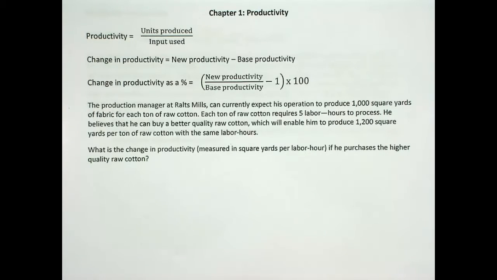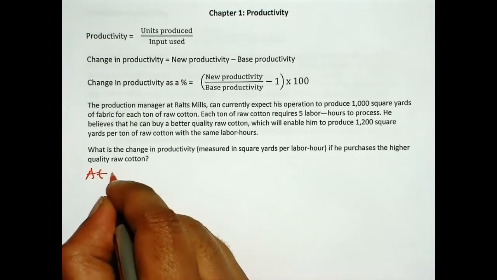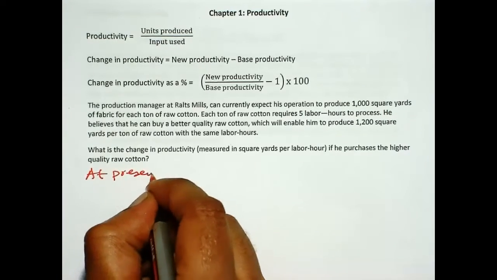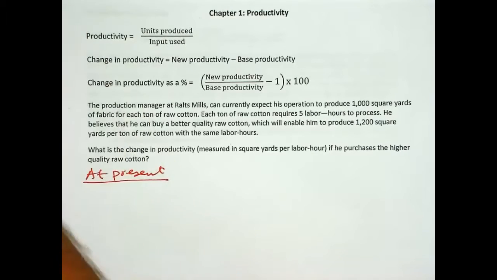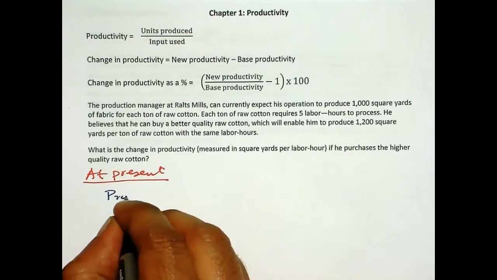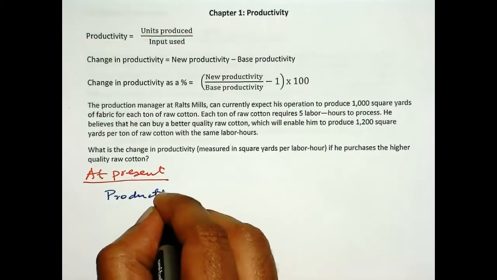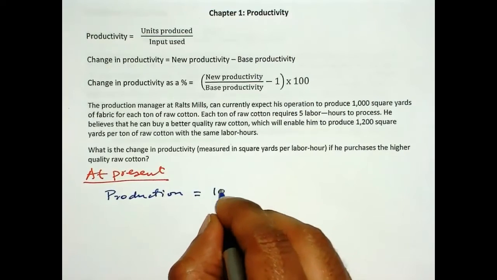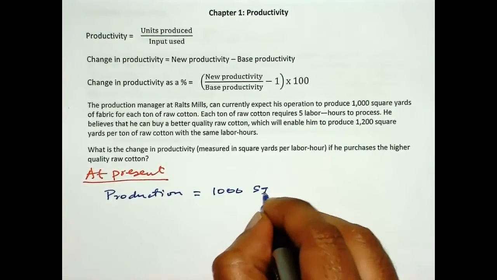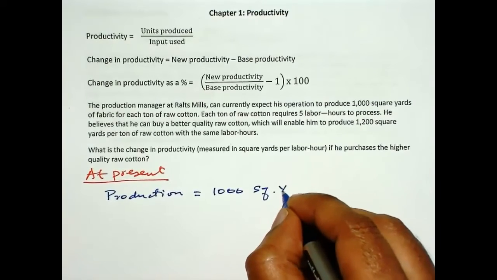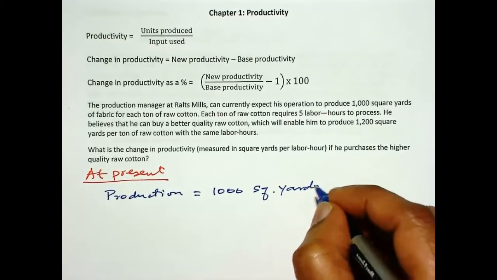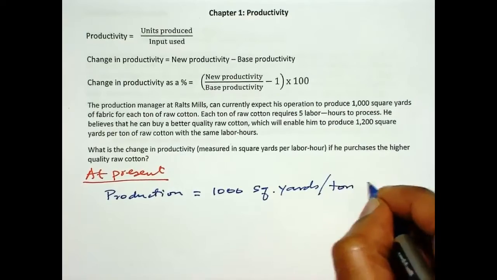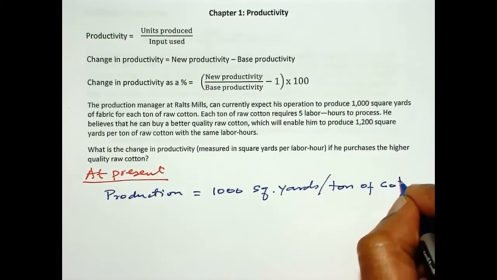So we have, at present, production is equal to 1,000 square yards per ton of cotton.